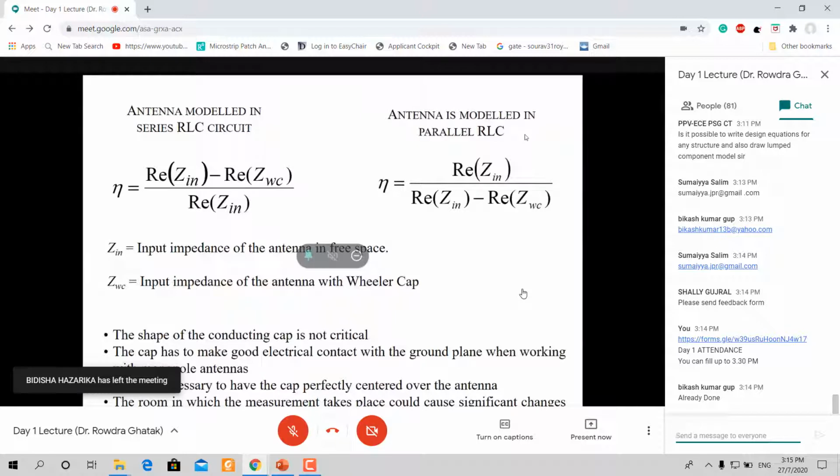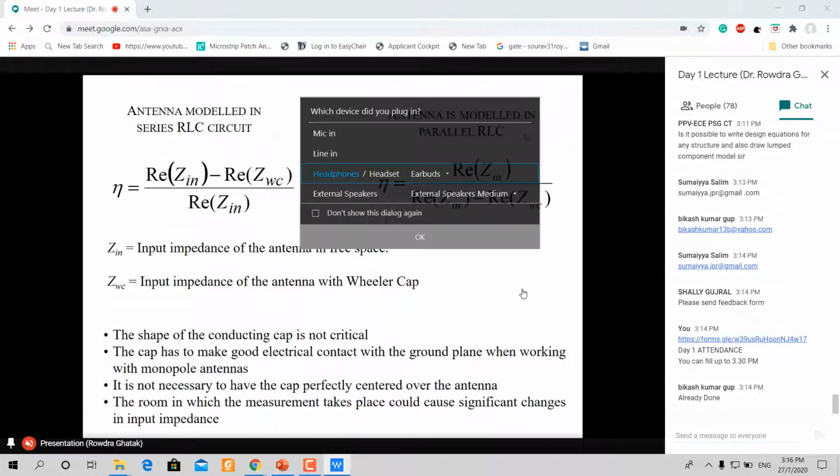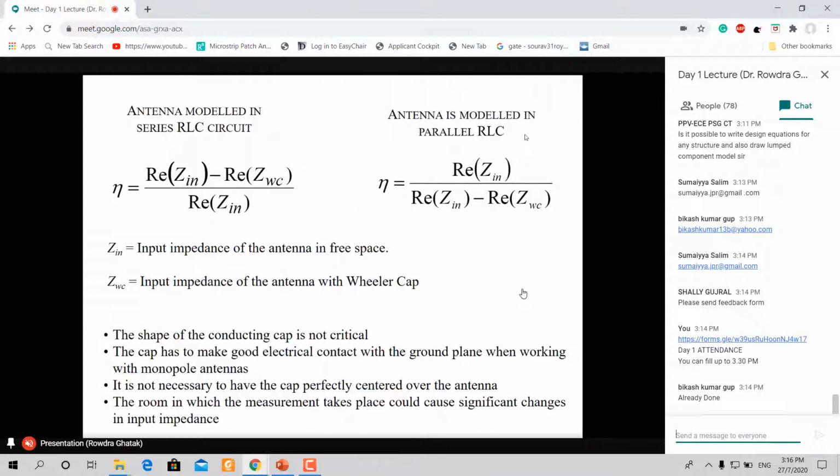If you are going for multiple mode or multi-band antenna systems, you have designed a multi-band patch antenna, you have to take up its equivalent circuit for different RLC, find the net input impedance, and calculate it. This exact relation, with only a single parallel RLC network, will not work. So you have to modify the equivalent circuit and recalculate the input impedance.